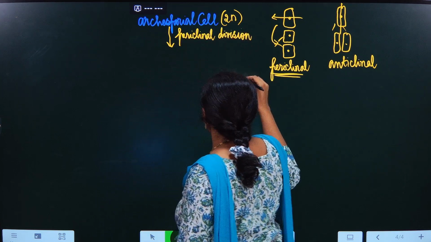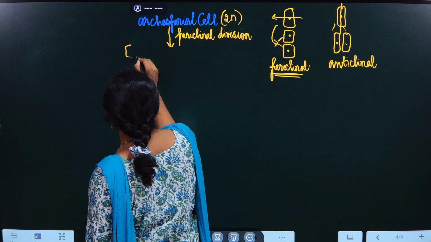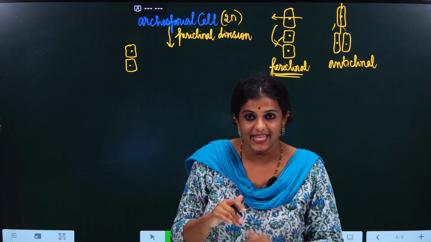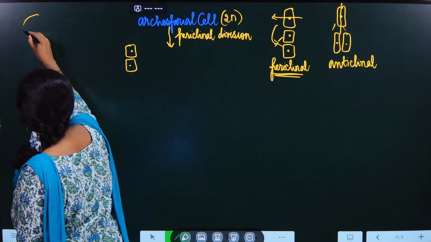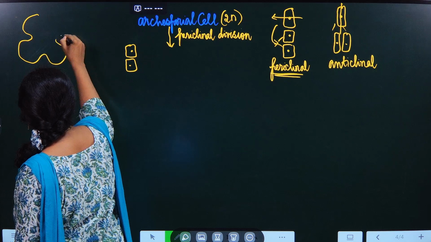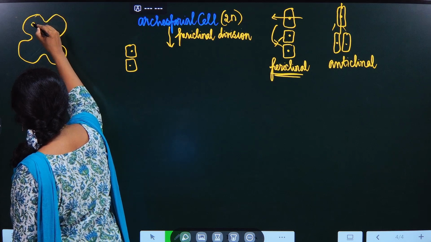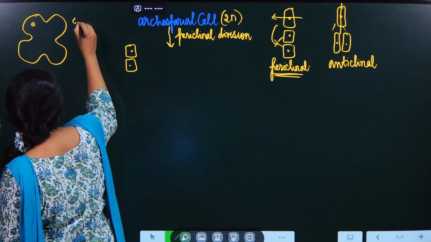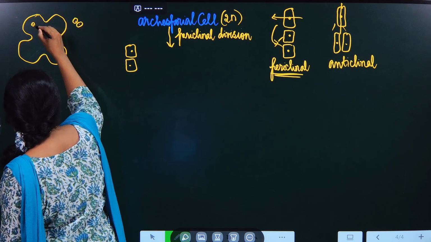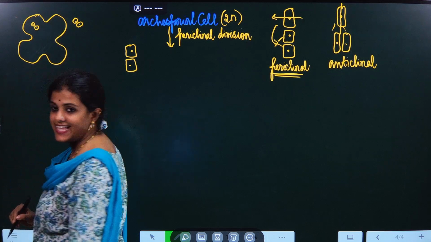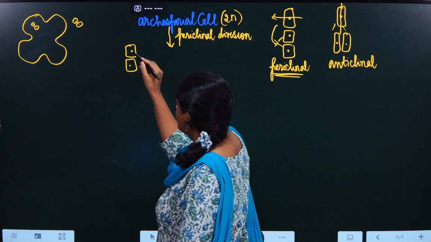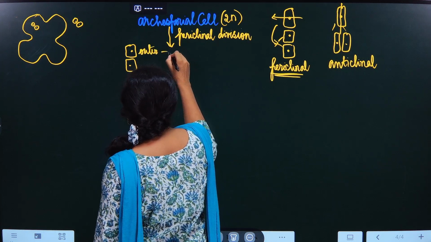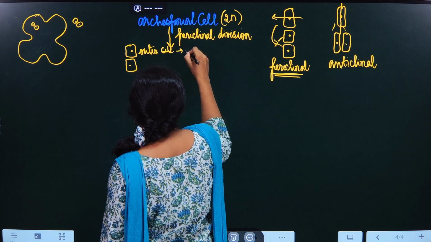So how have they formed? One cell on the outer side and one cell on the inner side. There was one cell, and now the same cell has undergone division like this. So this outer cell is known as the parietal cell.